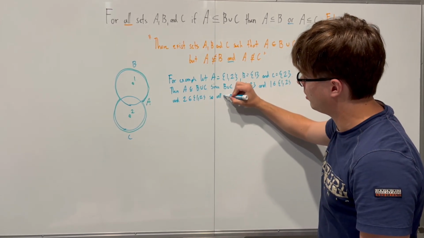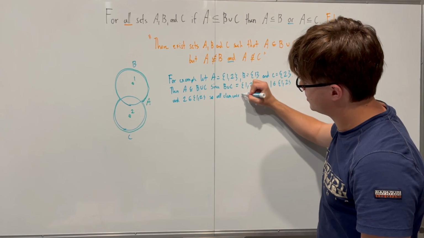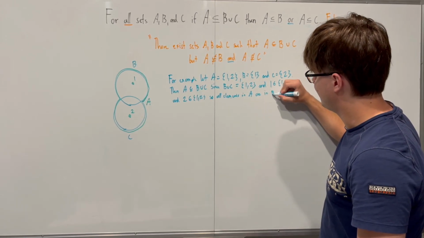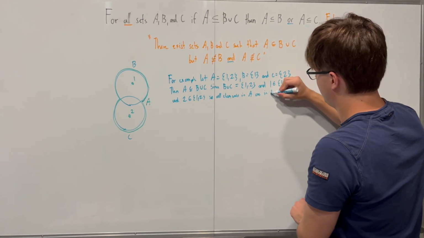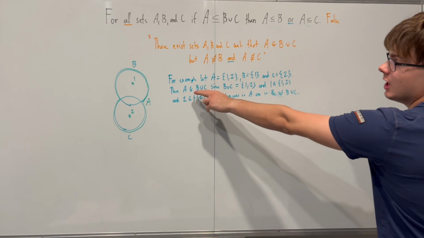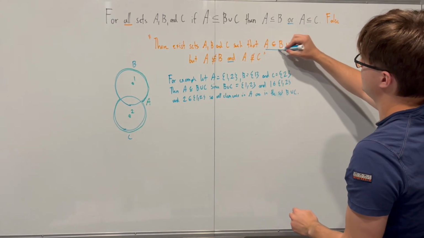So all elements in A are in the set B union C. Fantastic. So we've justified that this condition is going to be true.